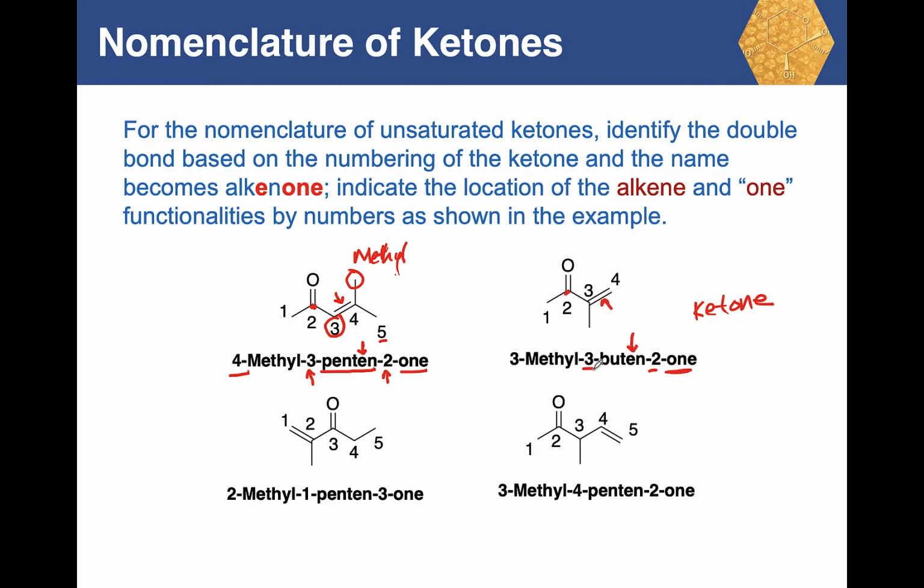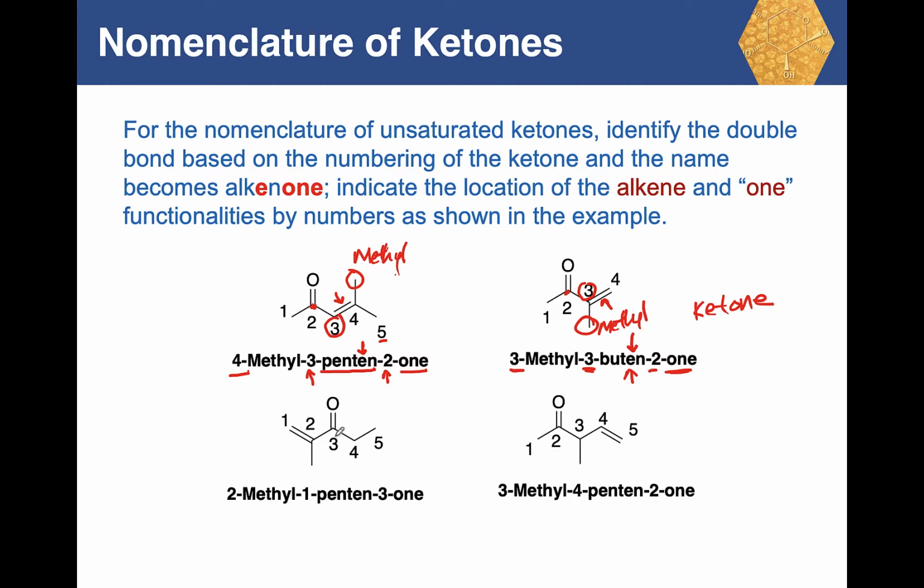So it's on position number 3, location number 3 right here. Also on carbon number 3 is a methyl group. And so it becomes a 3-methyl 2-butene 2-one. Make sure you write this E legibly so the graders can see it's an E and not an A.